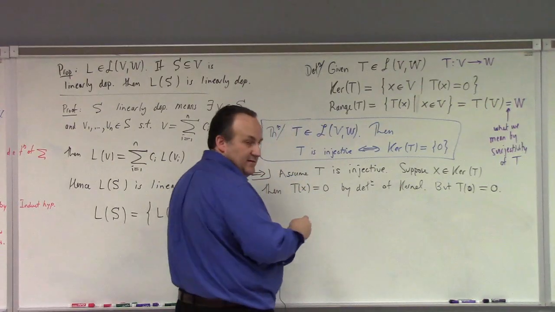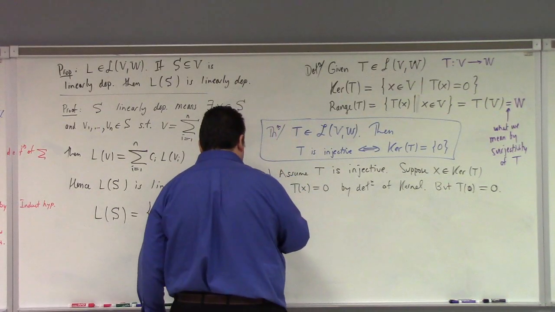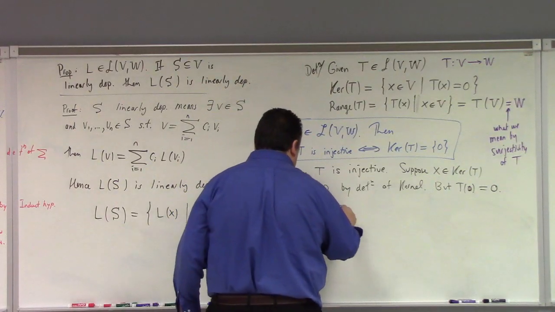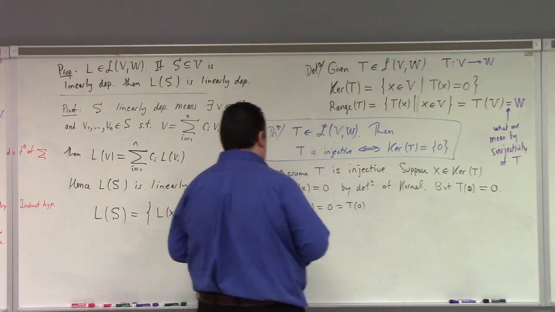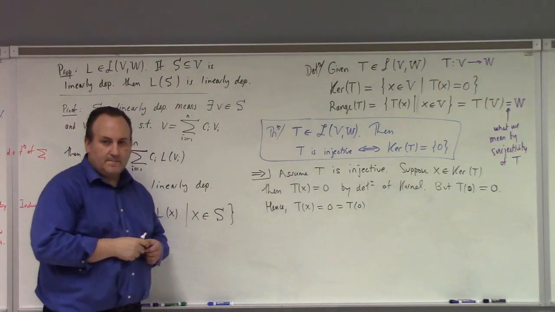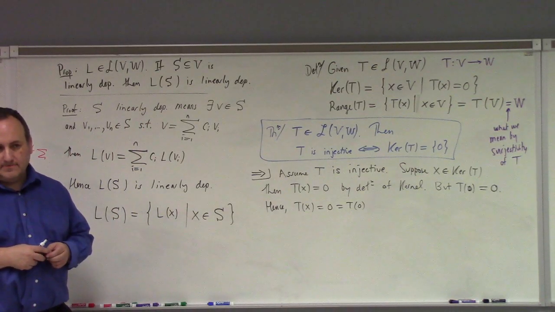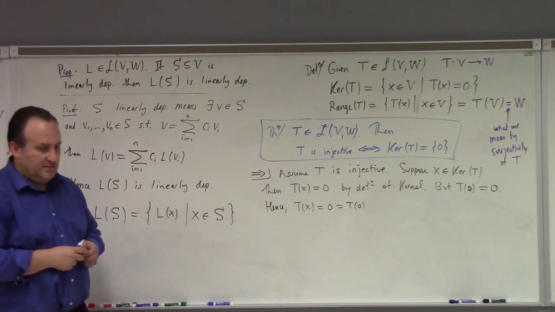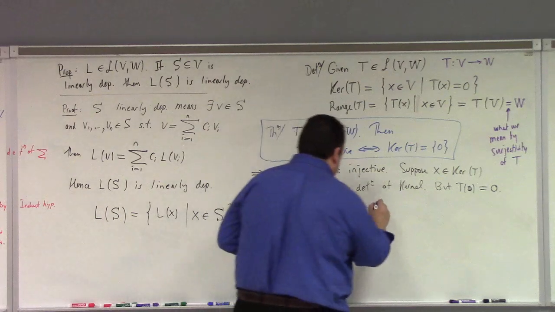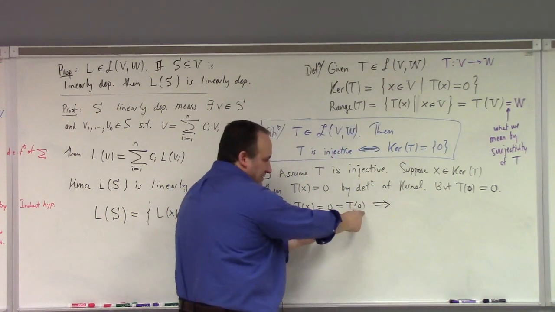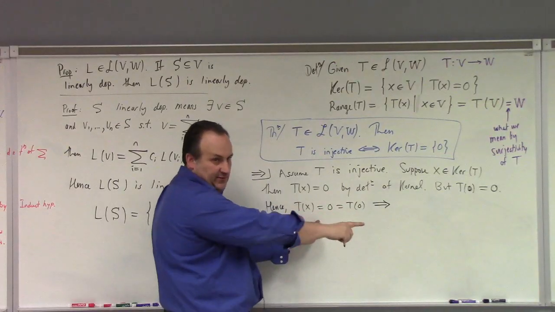Hence, T of x is equal to 0 is equal to T of 0. But we said T is 1 to 1. What does that mean then? T is injective. Injectivity means T of x equal to T of 0 means x equals 0.